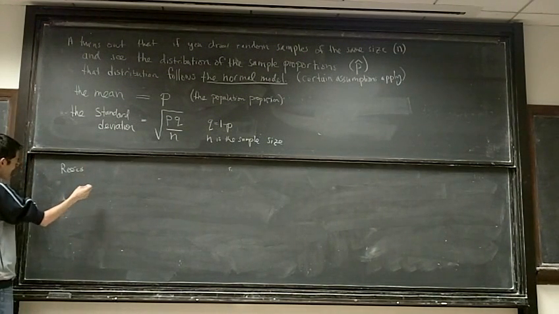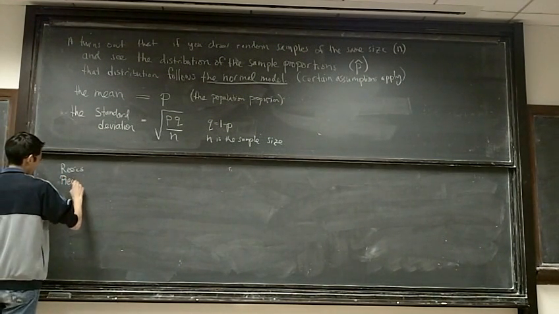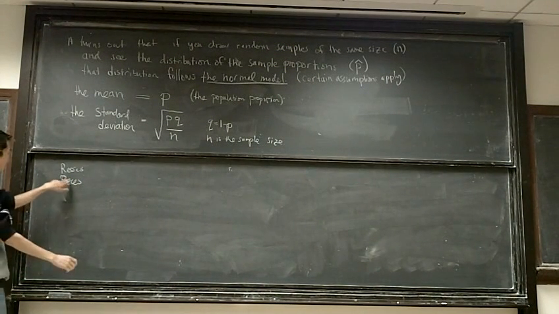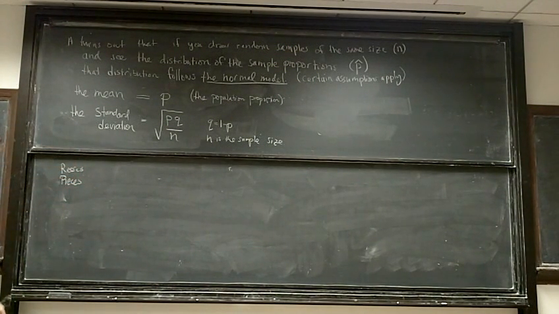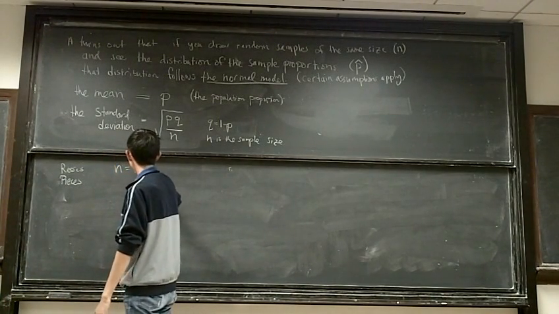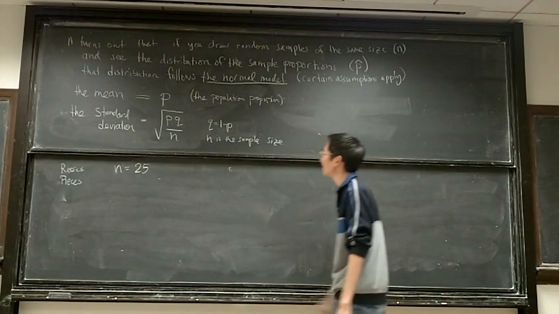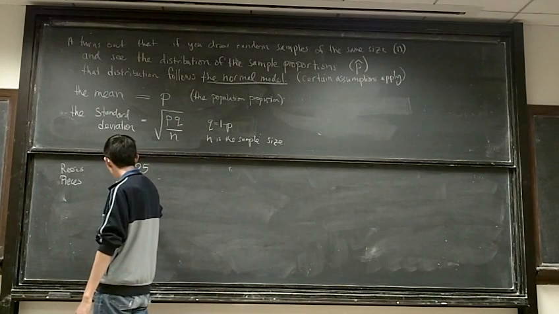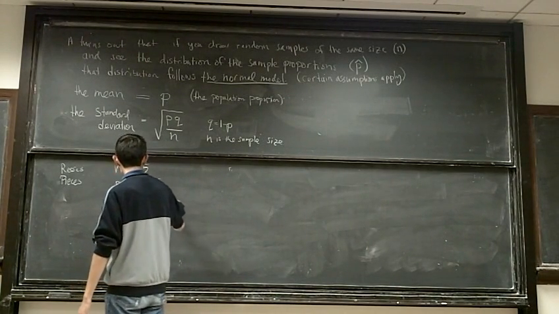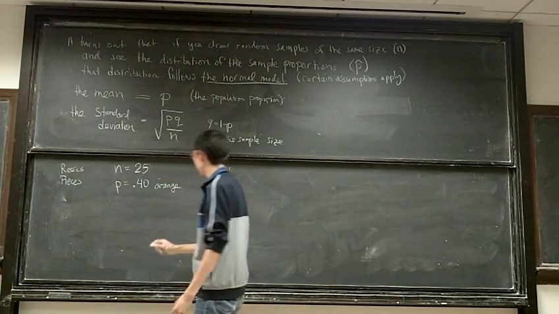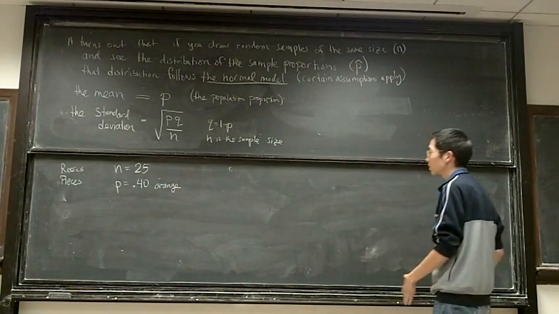Let's say n is equal to 25, and we said the true proportion is 40% of Reese's Pieces are orange.